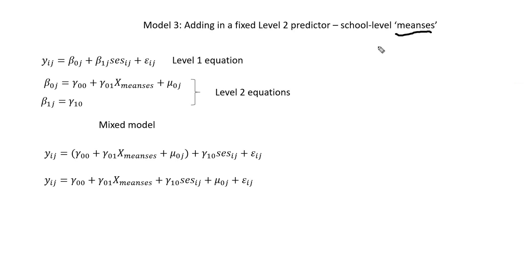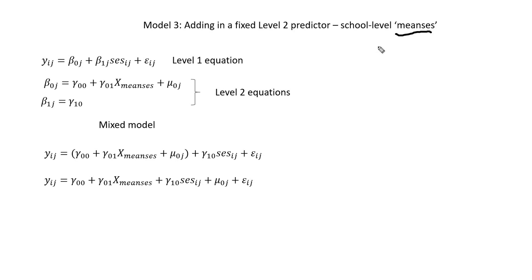So as I said earlier, one of the things that we might be interested in is modeling level 2 predictors of the variation in intercepts. Remember that the intercepts are essentially reflecting the school means, or in this case, because we have SES already in there, a conditional mean, or the mean conditioned on the presence of that level 1 predictor.